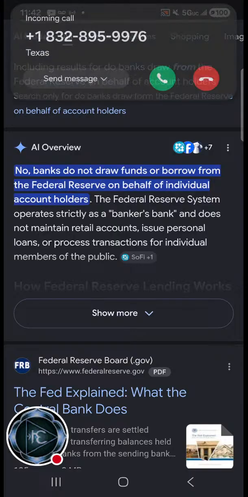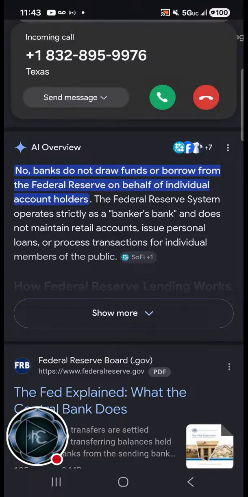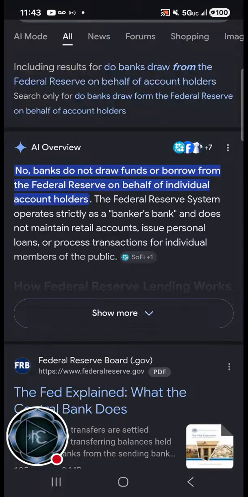If we worded it that way, no, banks do not draw funds or borrow from the Federal Reserve on behalf of individual account holders. No, they aren't drawing on your behalf from the Federal Reserve. They're drawing on their own behalf. I well know that.